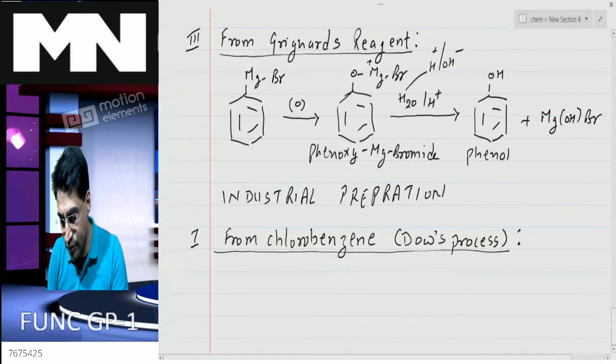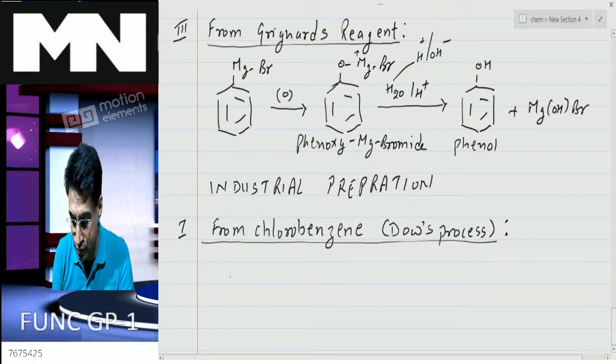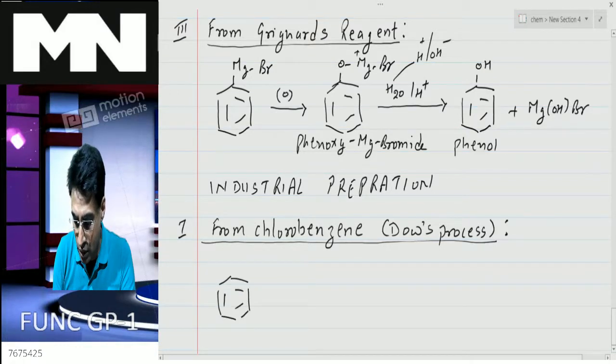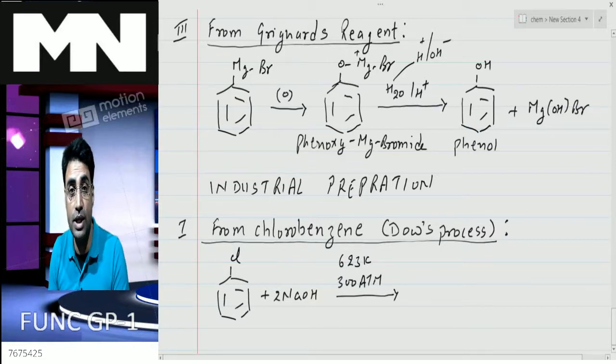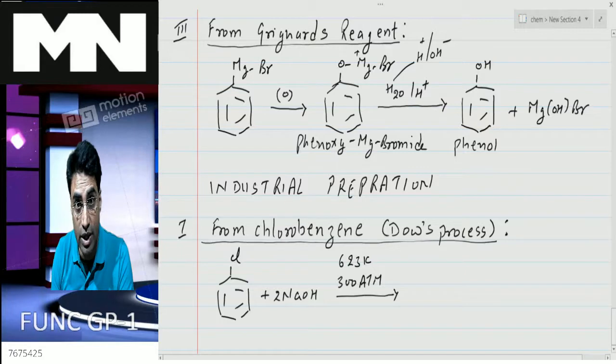In this method, we react chlorobenzene, which I've got here, with 2 moles of NaOH at a temperature of 623 Kelvin and 300 atmospheric pressure. At such a high temperature and pressure, one of the sodium will combine with chlorine.